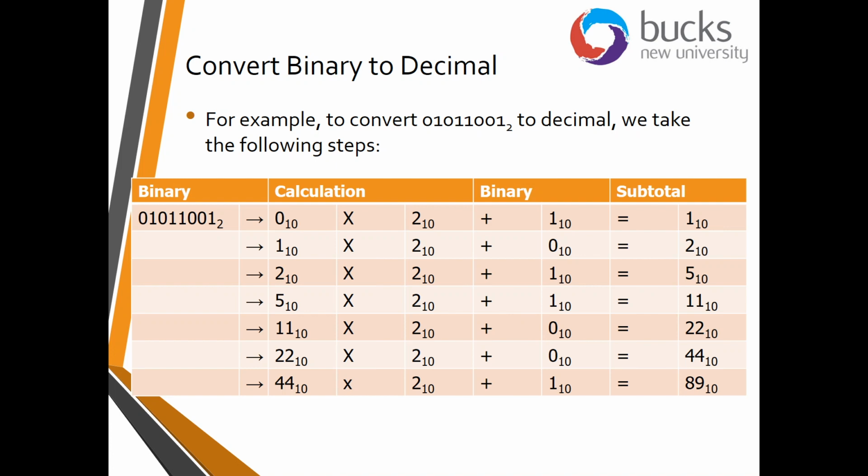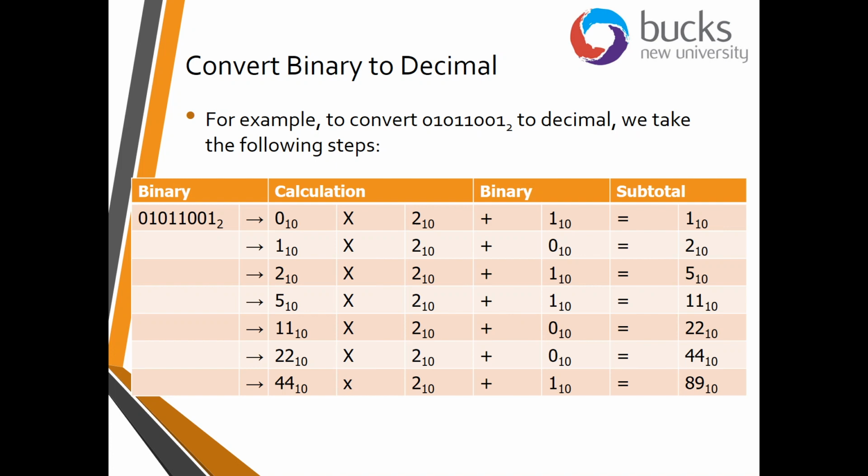Effectively, we always start with 0 and double it. Anything times 0 is just 0, and then we add in the binary bit. The next bit is 1, so 0 plus 1 gives us 1.